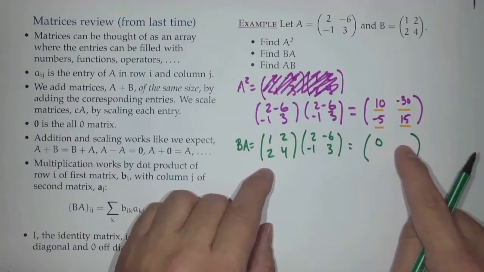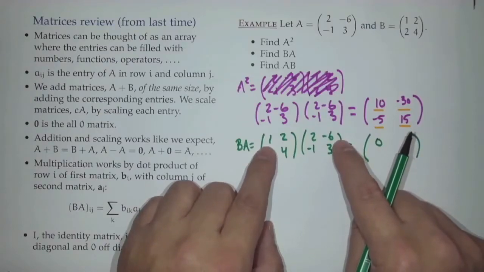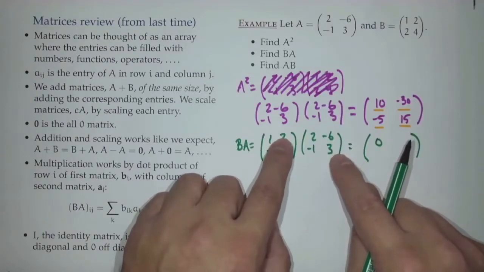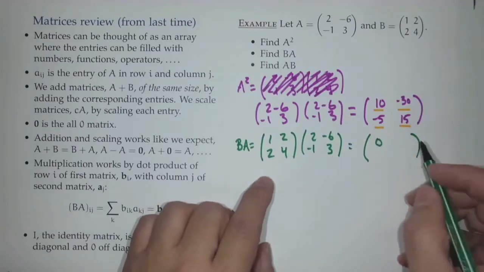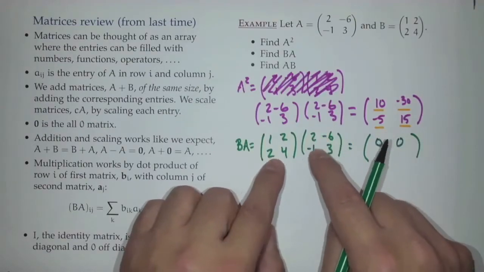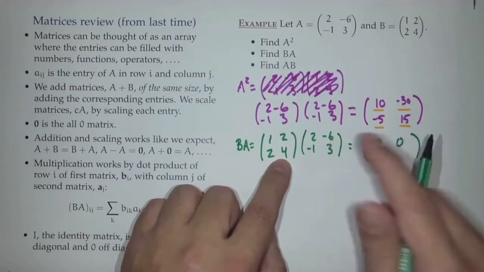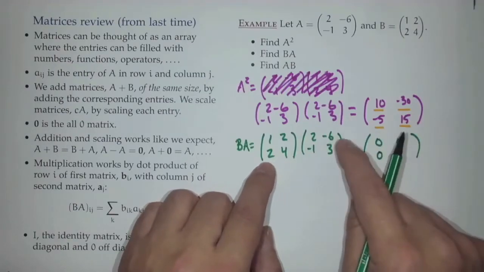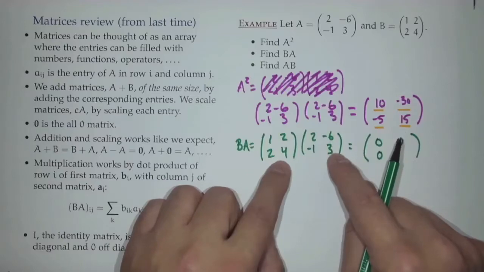It's okay to get 0, right? Minus 6 plus 6, 0. Oh, that's okay to get 0. 4 minus 4, 0. Minus 12 plus 12, 0.